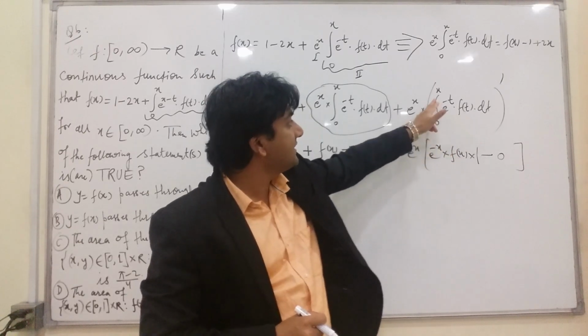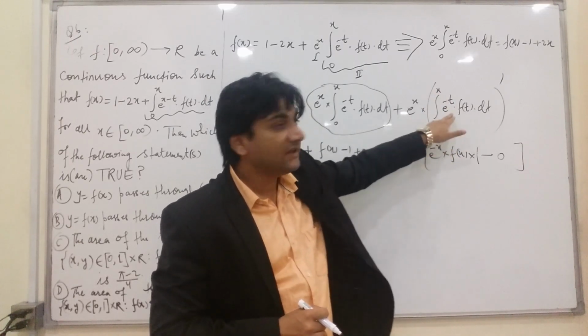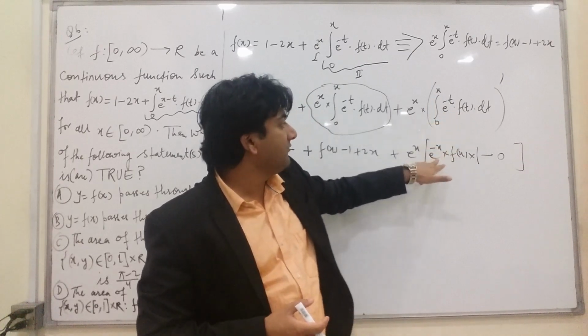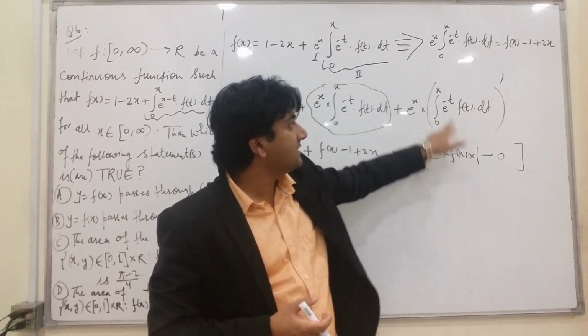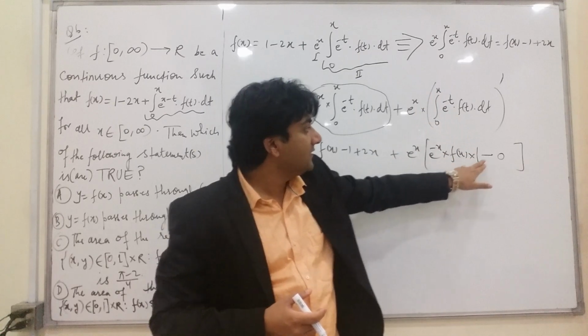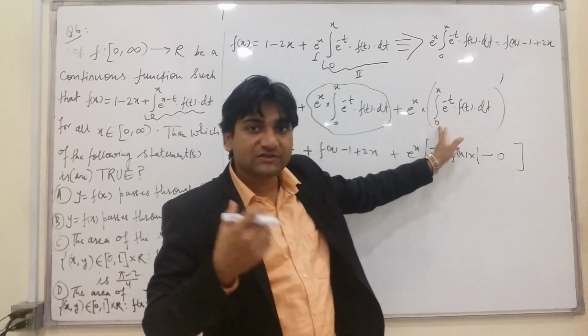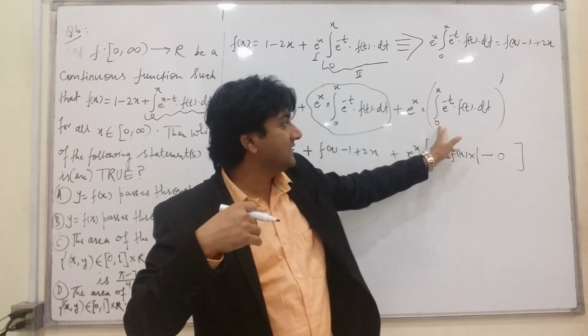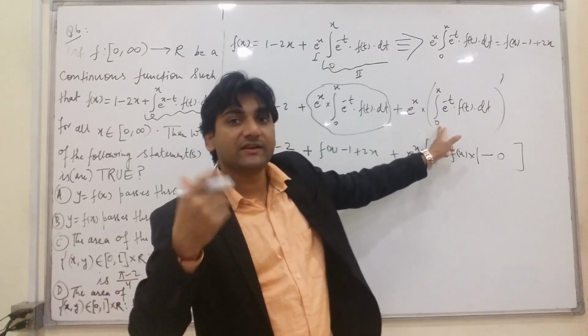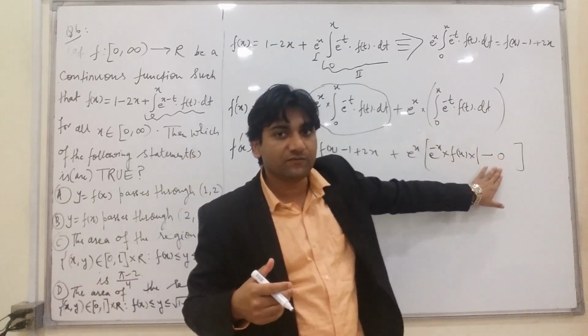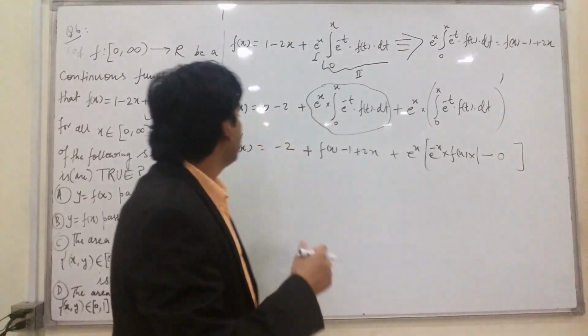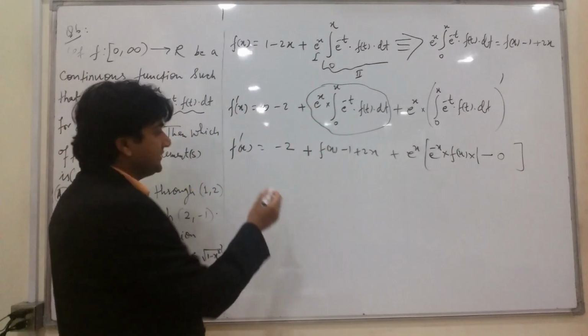If we differentiate this, then we put the upper limit in place of t. So it will be e raised to minus x, f of x, and the upper limit's derivative is 1, then minus. We have to put 0 as t, and then we take the derivative of 0. Overall, you will get 0 from there. Now, you have to simplify it further.